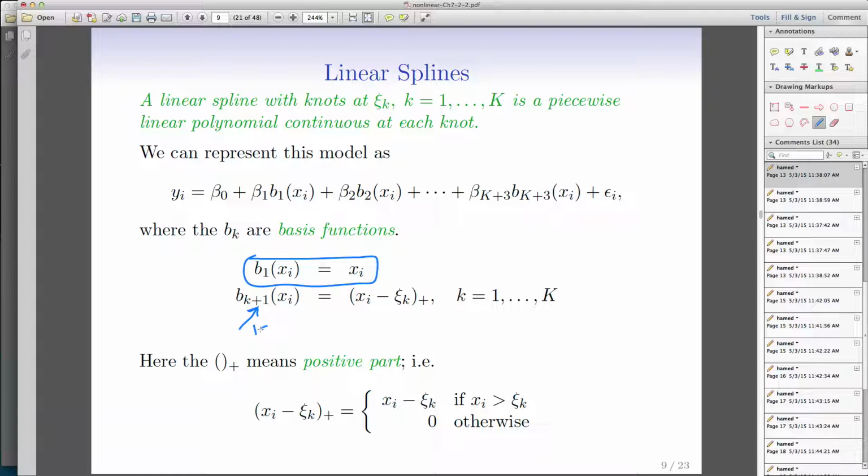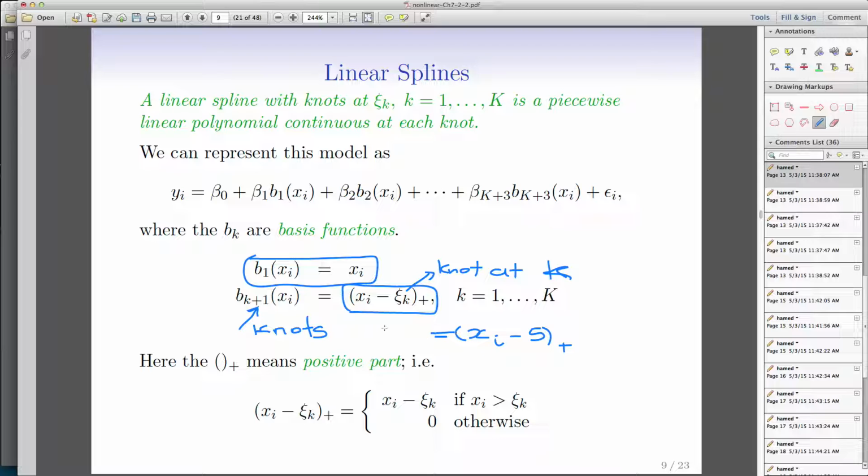Your b k plus ones are the knot-related base functions. They look like this: xi minus psi k, plus. That means they are 0 before psi k, and they become xi minus psi k right after it. For example, xi minus 5 plus.